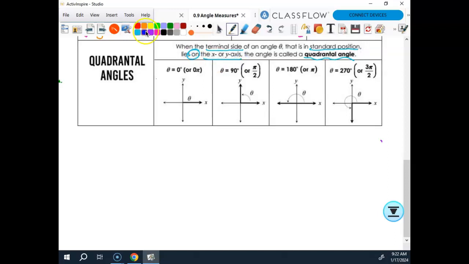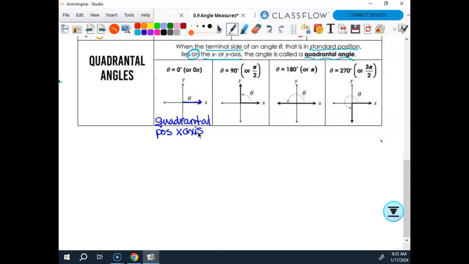So if I'm at 0, or 2 pi, or 4 pi, or 6 pi, or negative 2 pi, whatever, and I say, what quadrant are you in? You can't say 1, 2, 3, or 4. Your answer would be quadrantal, and it's on the positive x-axis. Okay, it's a quadrantal angle on the positive x-axis.